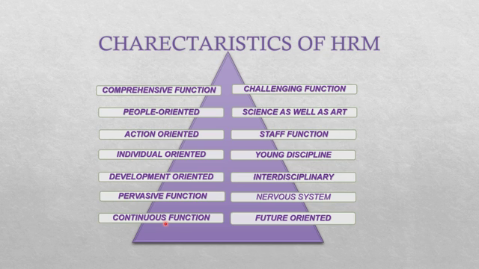In the words of Terry, it cannot be turned on and off like water from a faucet. It cannot be practiced only 1 hour each day or 1 day a week. Human resource management requires a constant alertness and awareness of human relations and their importance in everyday operations.